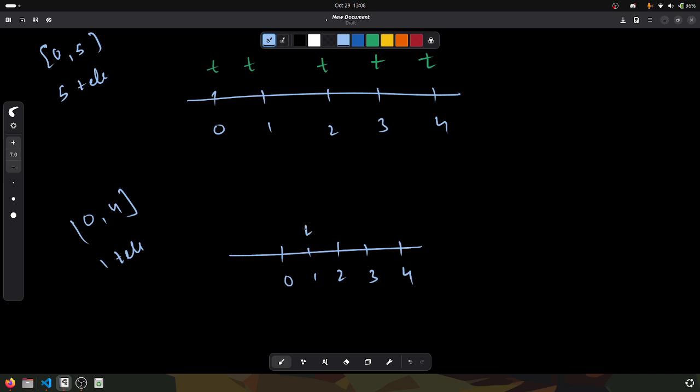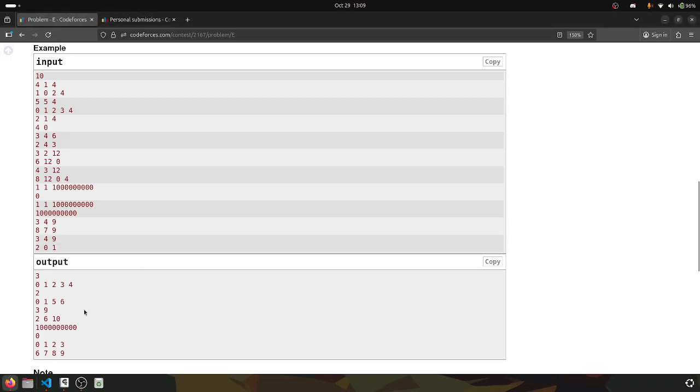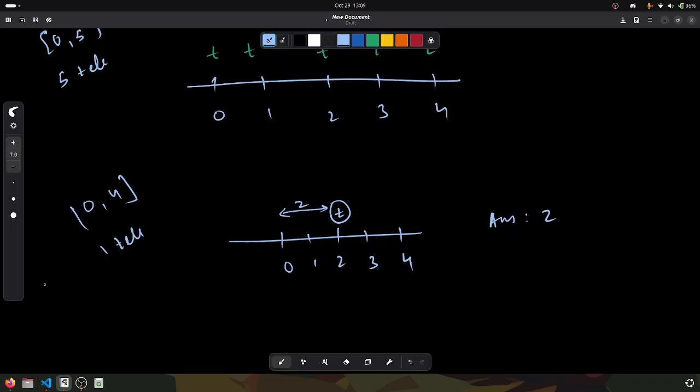So if we place the teleporter here, then the minimum distance will be 1. If we place it here, minimum will be 2. If we place it here, minimum will be 1. So we can place the teleporter here, and the minimum distance will be 2, which is the maximum possible. So the answer is 2.